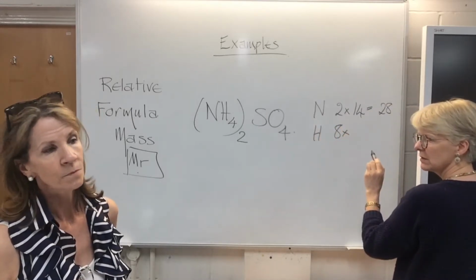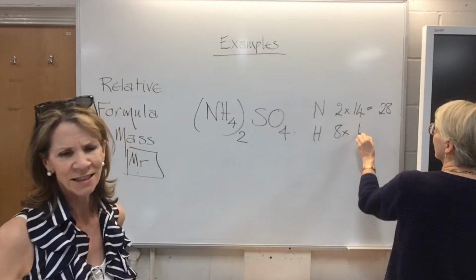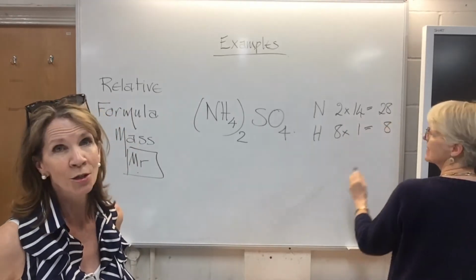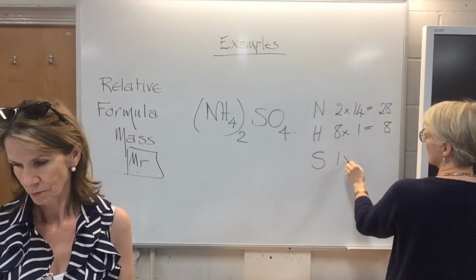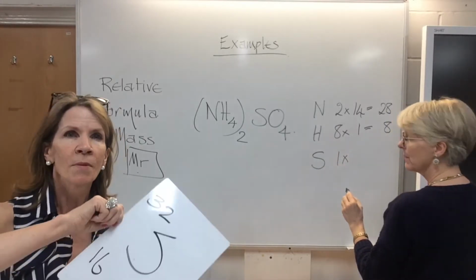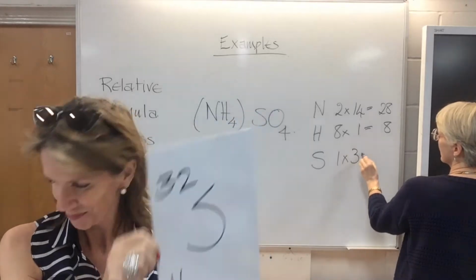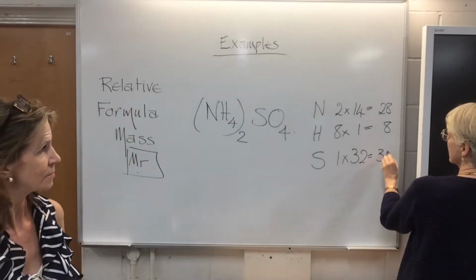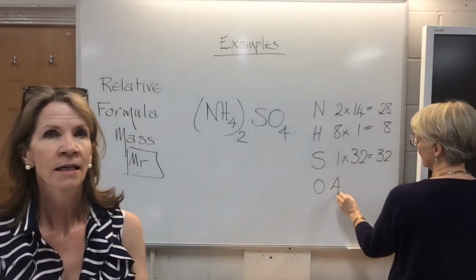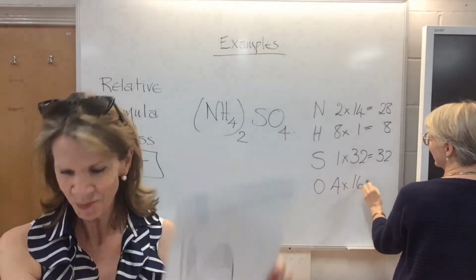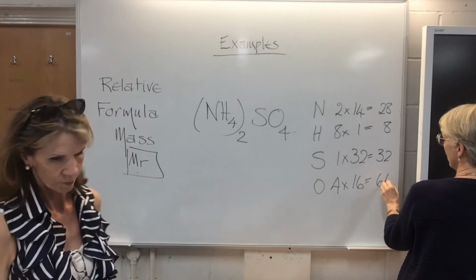So hydrogen, I've got 8 times 1. S, sulfur, that's 1 times the mass of sulfur, which is 32. So that's 32. And then I've got 4 oxygens, and that's 4 times 16, which is 64.